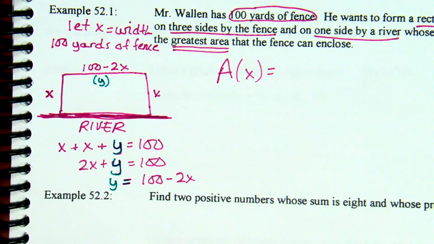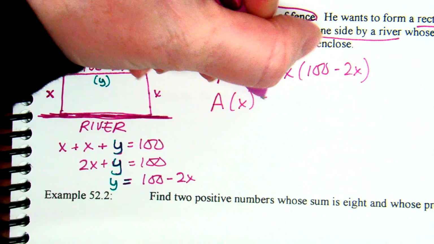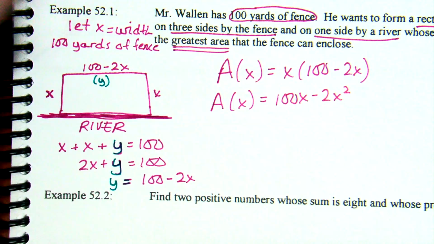In terms of x, we're going to say x times 100 minus 2x. Go ahead and multiply that for me because you're going to want it multiplied for your next step. What is x times 100 minus 2x? 100x minus 2x squared.